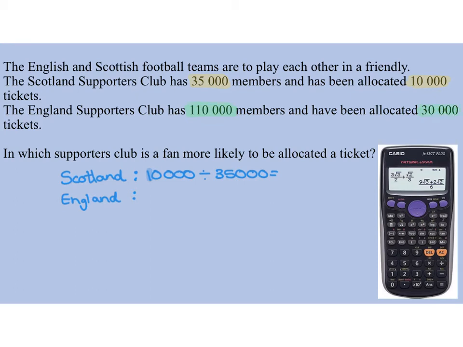They're being allocated 30,000 tickets for 110,000 supporters. So again, I'll just pop that into my calculator. 0.285.